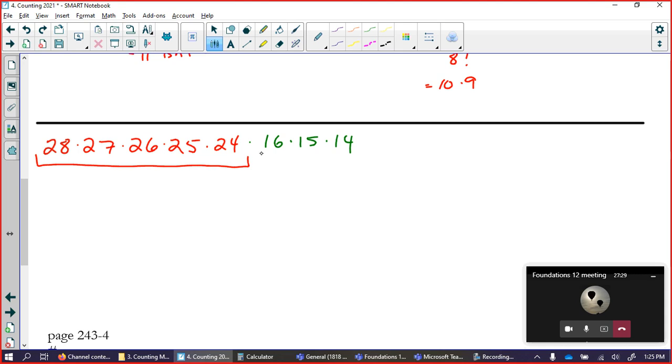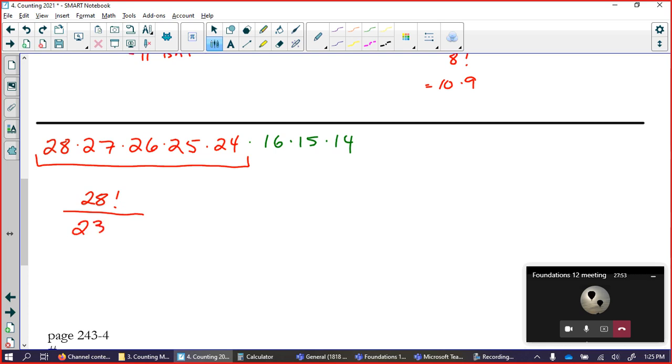I've got a string of numbers. These are going to be ratios because I have to cancel stuff at the end. The first number is 28 factorial. What number do we need to put on the bottom to kill 28 factorial after 24?